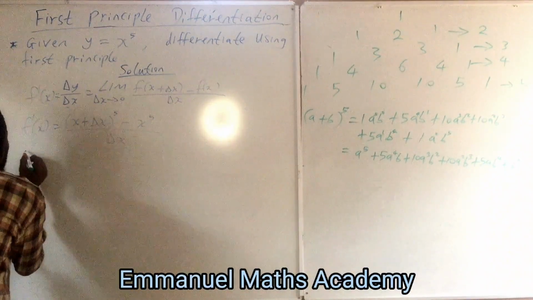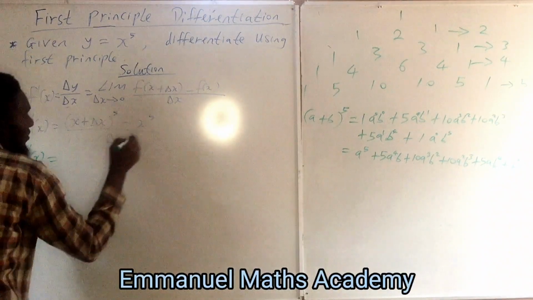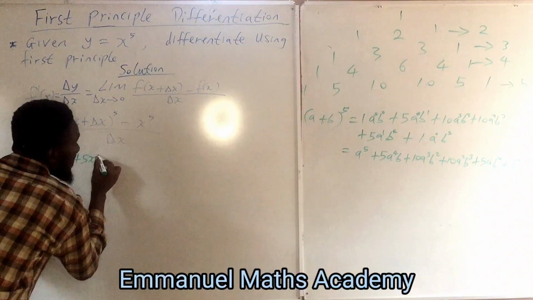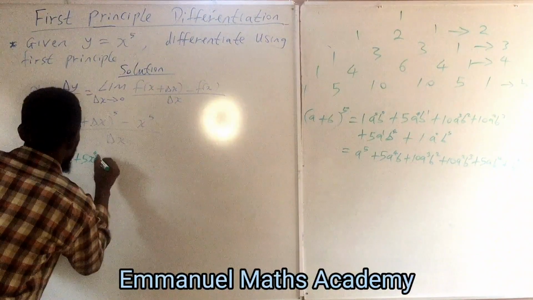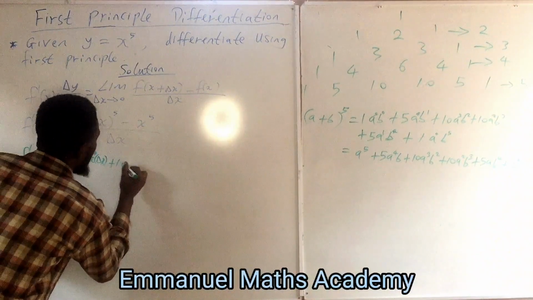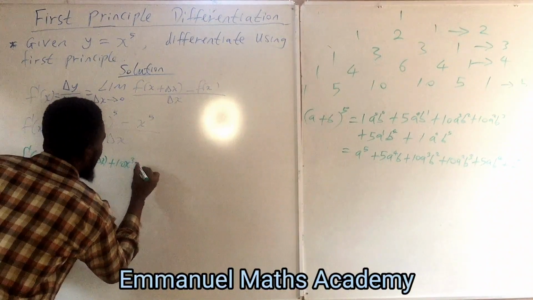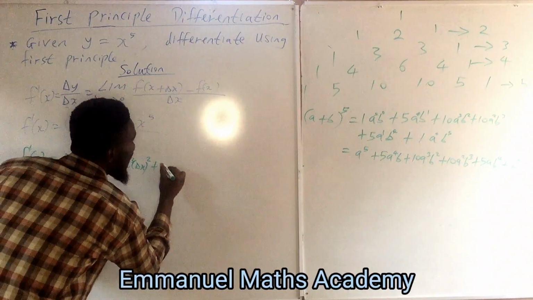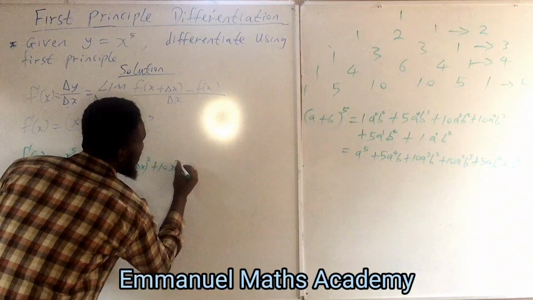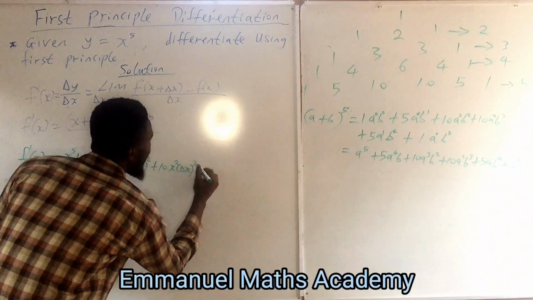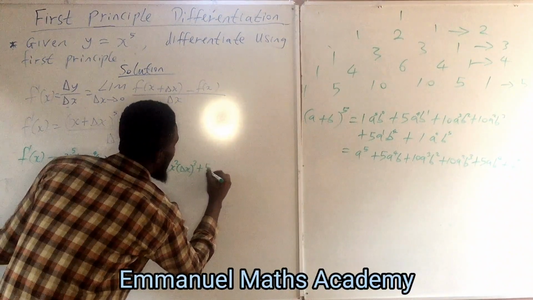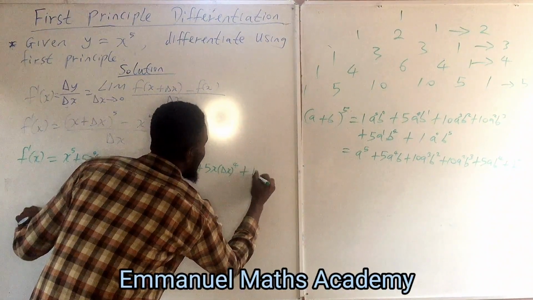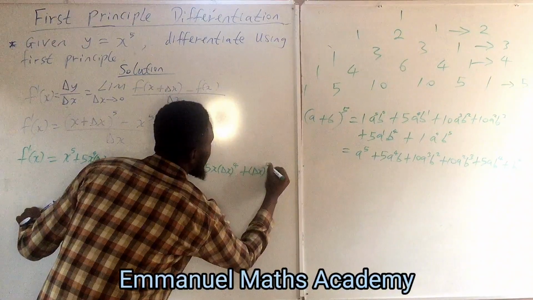What will you have? You have that f prime of x is equal to x power 5 plus 5x power 4 dx plus 10x power 3 dx raised to power 2, plus again 10x raised to power 2 dx raised to power 3 plus 5x dx raised to power 4 plus dx raised to power 5.